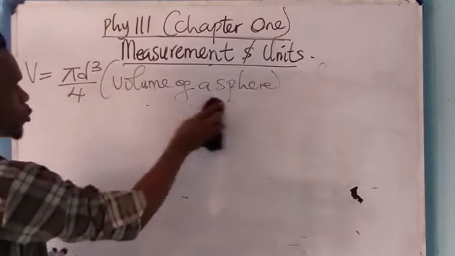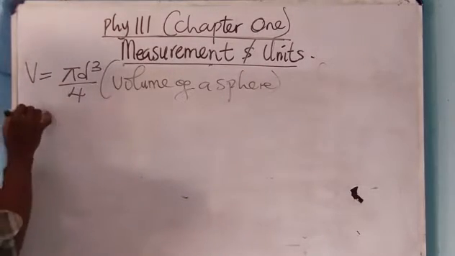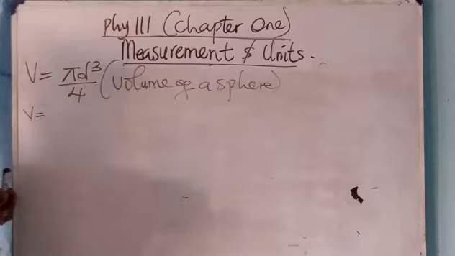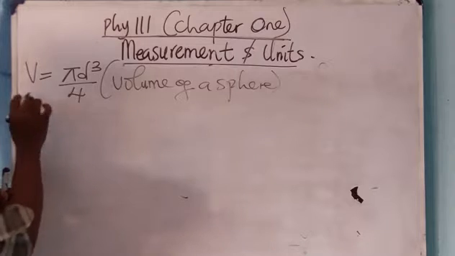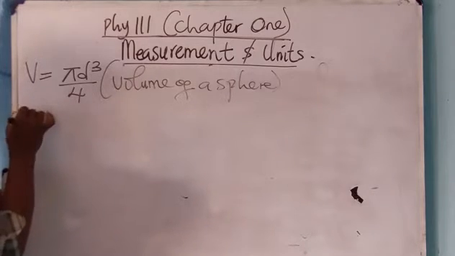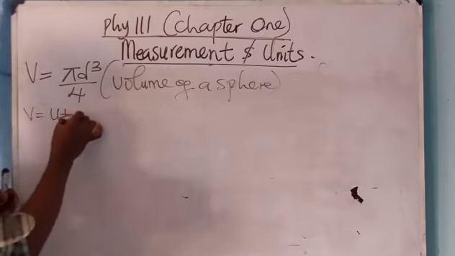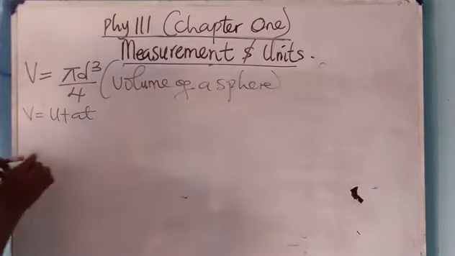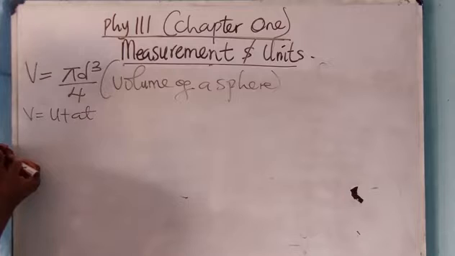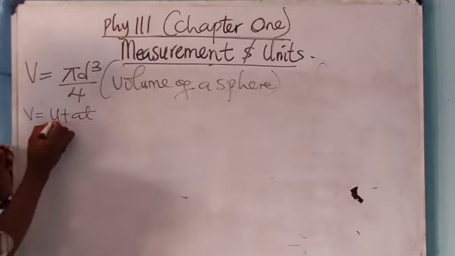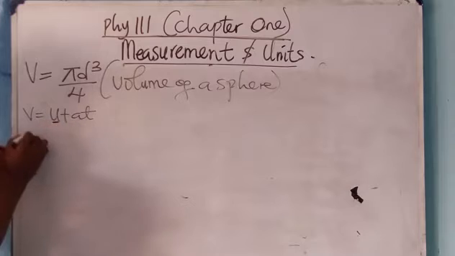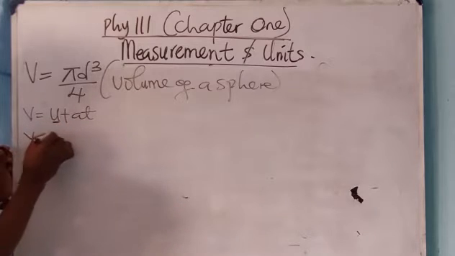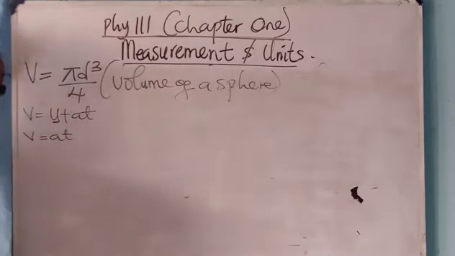Now let's prove that V is the same as U plus AT. In velocity-time graph, from rest, U is always 0. So V equals AT.